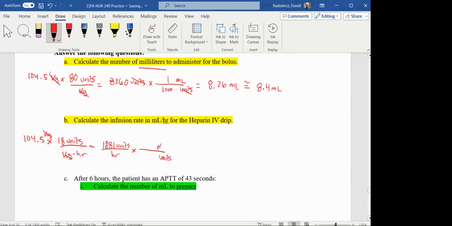I do want milliliters, 250 milliliters, 25,000 units. And that's going to give me 18.81 milliliters per hour. But we're going to go ahead and round that to the nearest tenth. So 18.8 milliliters per hour.